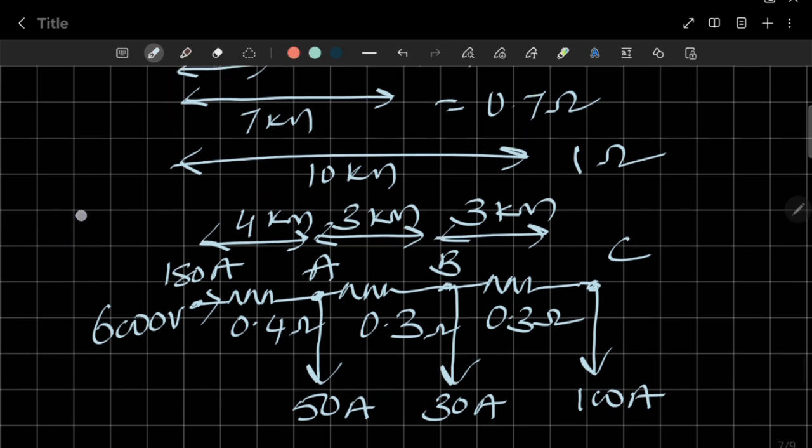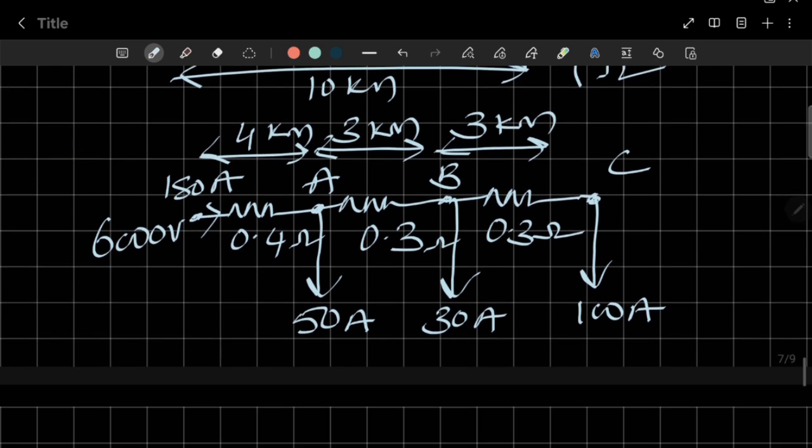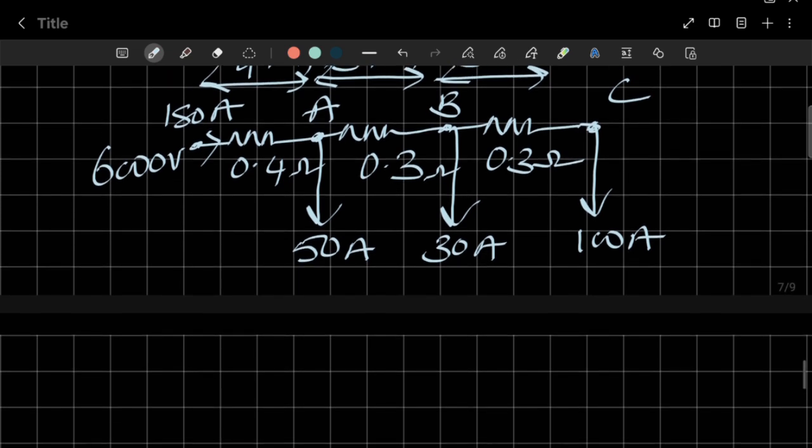Now you can see the circuit in a simple manner. You can apply KCL at node A, and similarly KCL at node B, just as we do for normal circuits. You don't know what elements are connected at A to draw 50 amps, at B to draw 30 amps, or at C to draw 100 amps.